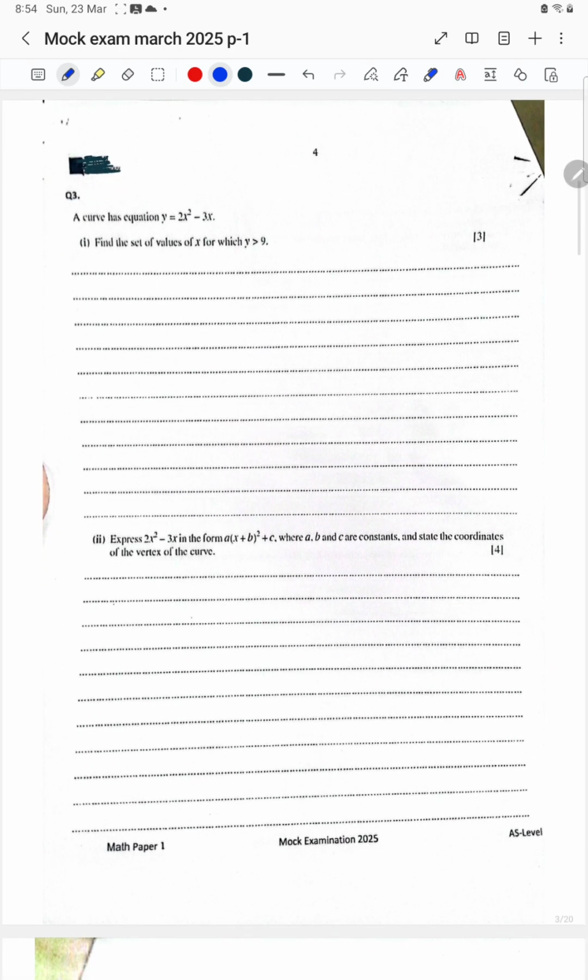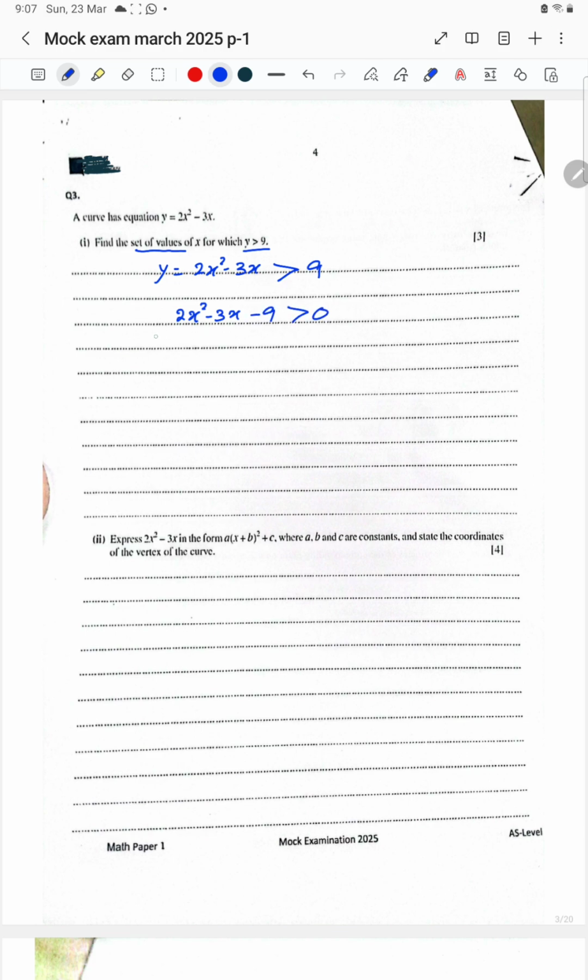Question number 3 is: given a curve has equation y equal to 2x squared minus 3x. Find the set of values of x for which y is bigger than 9. So it means it's bigger than 9, so we can solve it. 2x squared minus 3x minus 9 greater than 0.